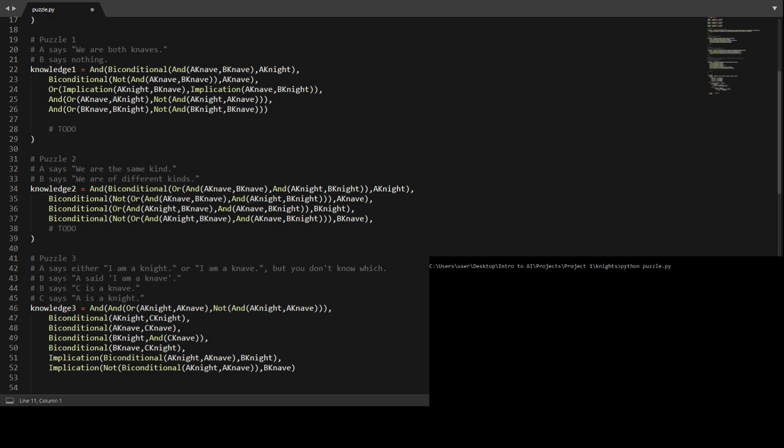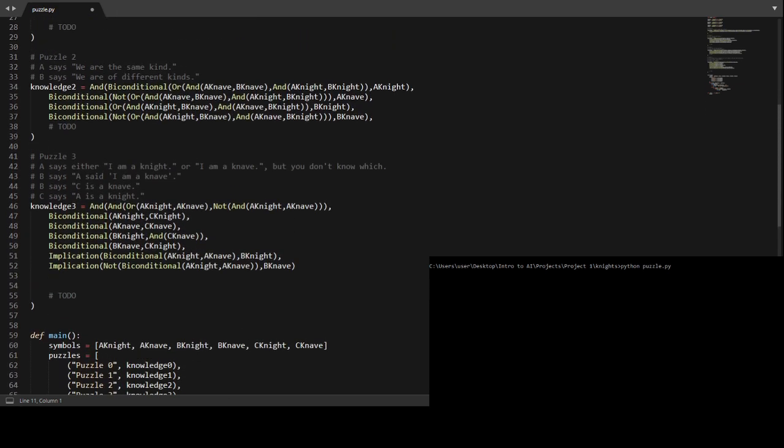If they are both knaves, then A is actually wrong, which means that A is a knave and B is a knight. Or we can figure it out like this: if they are both knaves, then A is a knave, which makes the statement that he spoke false. So we add this information to the statement, and then it will resolve it by itself.